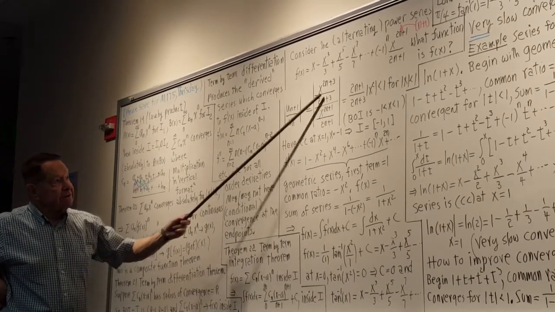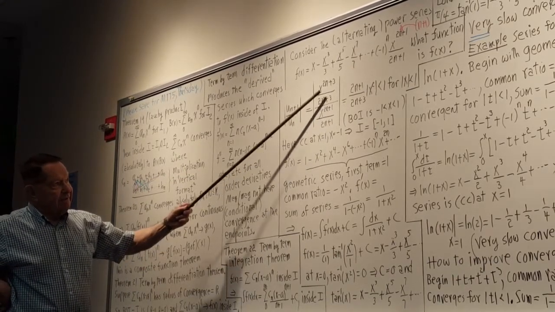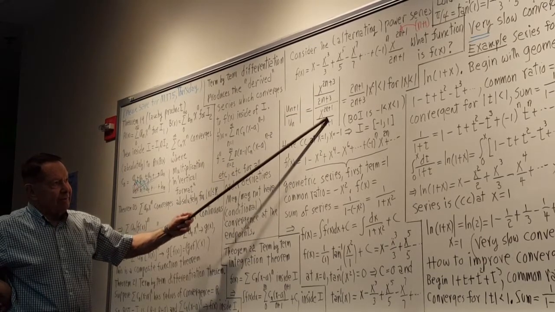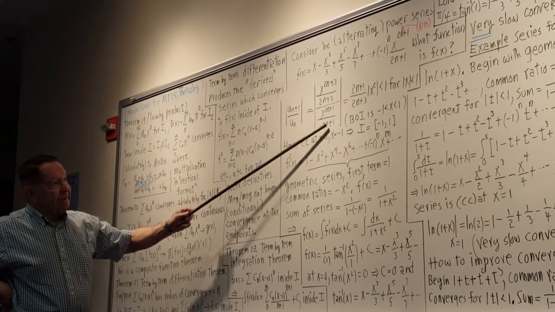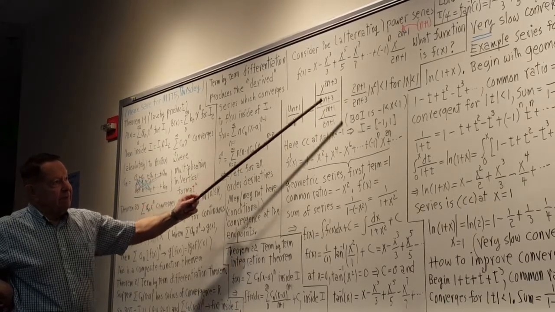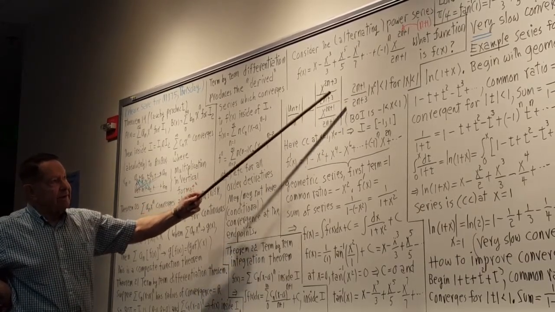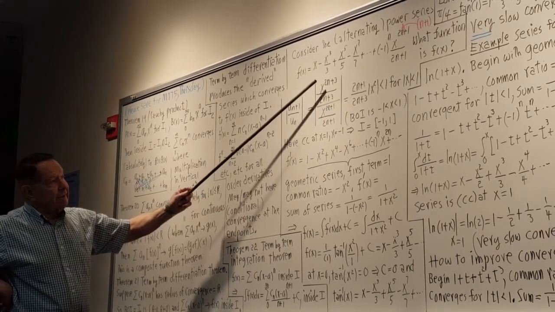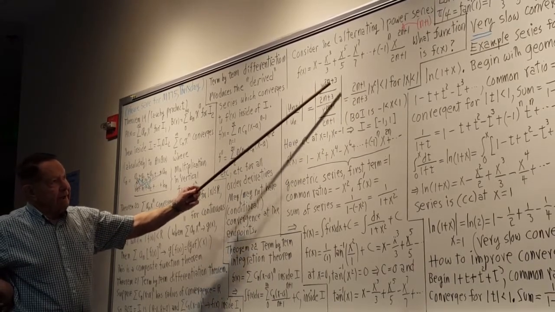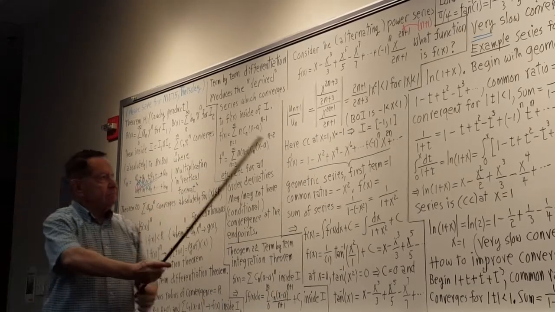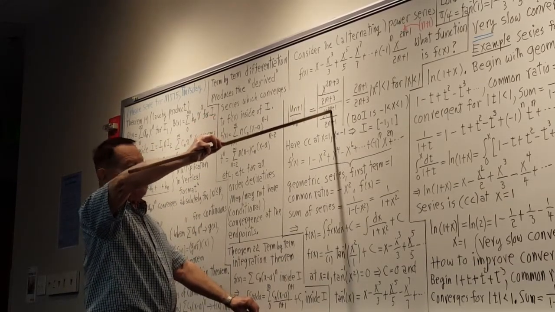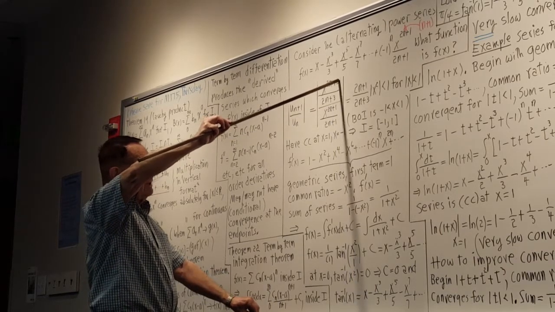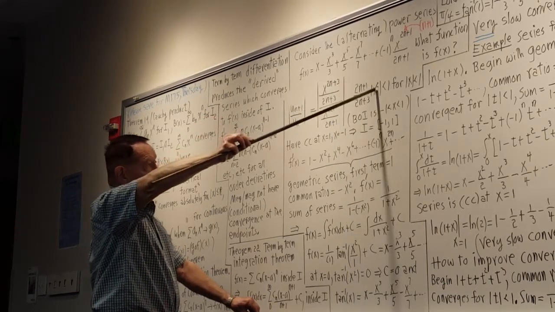And when you divide this fraction by that one and simplify, you'll have the (2n+1) over (2n+3), and then you'll have x squared. The 2n's subtract out when you subtract exponents, and you'll have 3 minus 1.